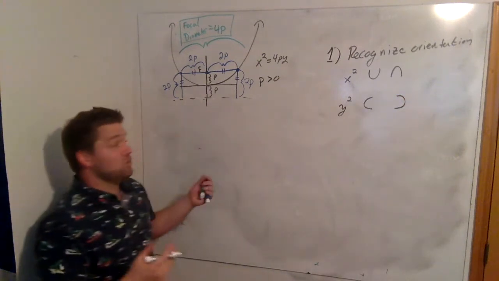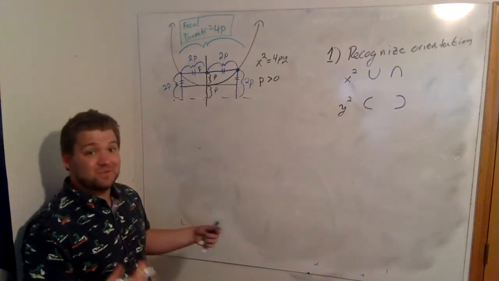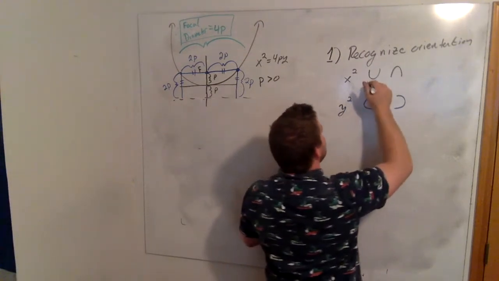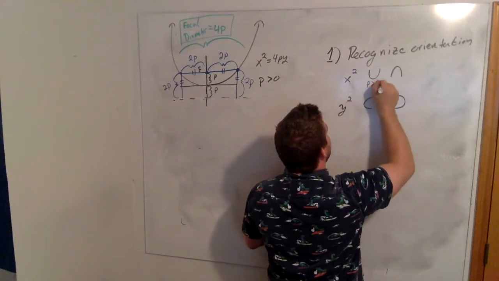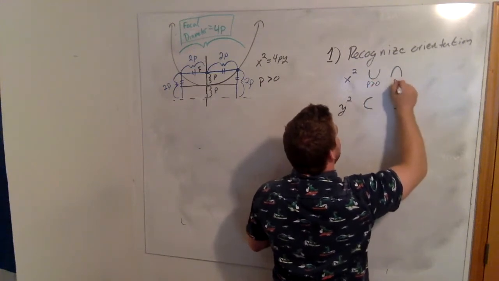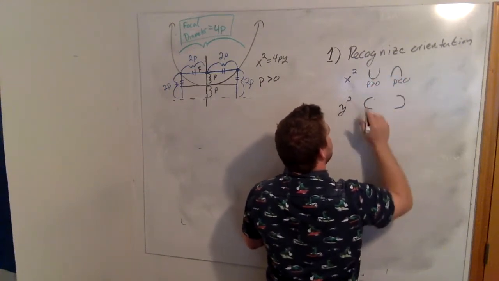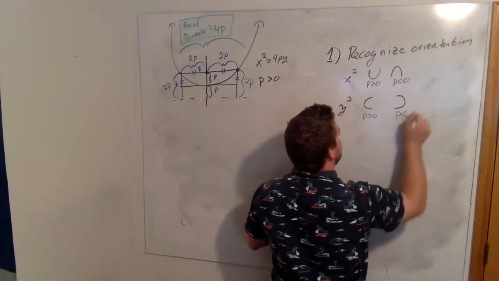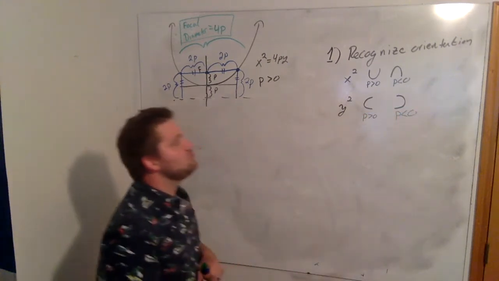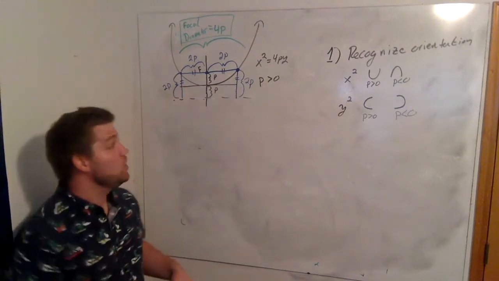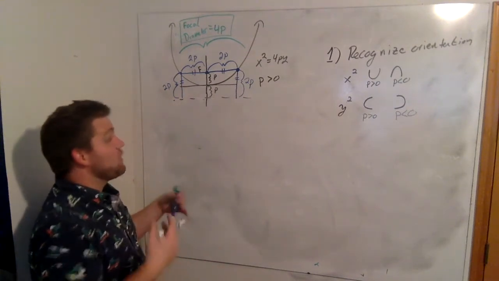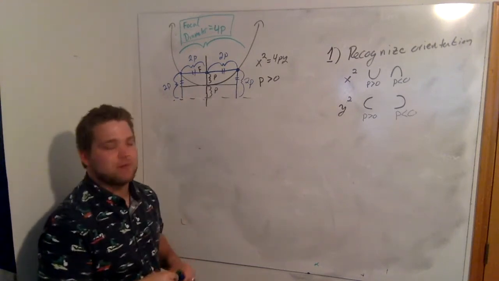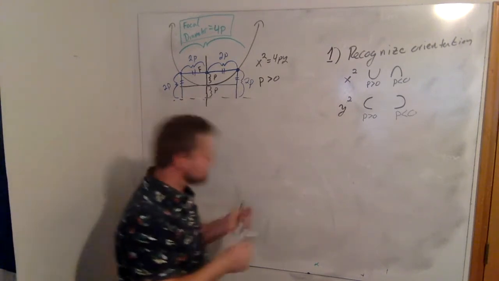Which situation we're in will depend on the value of p. So this one right here is when p is greater than 0. This one will be when p is less than 0. This one will be when p is greater than 0. And this is when p will be less than 0. So the first thing you should do, and you should be able to recognize pretty quickly which one of the four shapes we're in, or what the orientation of the parabola is: up, down, left, or right.